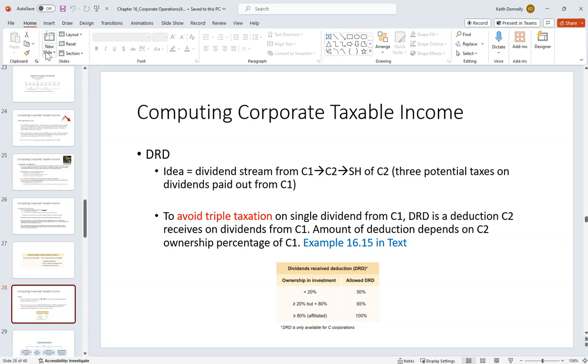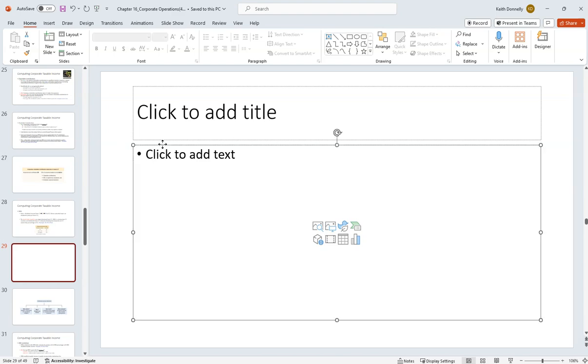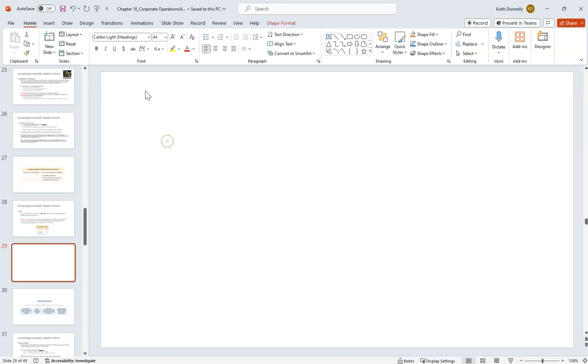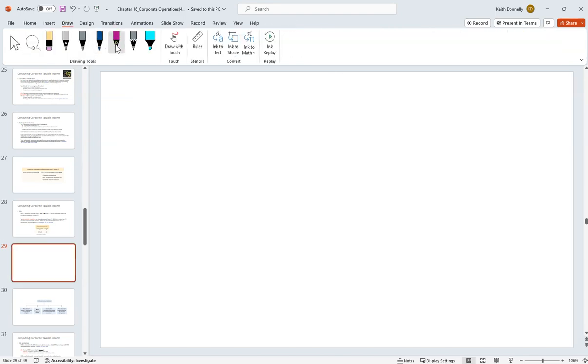So let me kind of draw this out to show you. Say that we have a corporation, and then we got a shareholder. And we said, hey, they make $1,000.